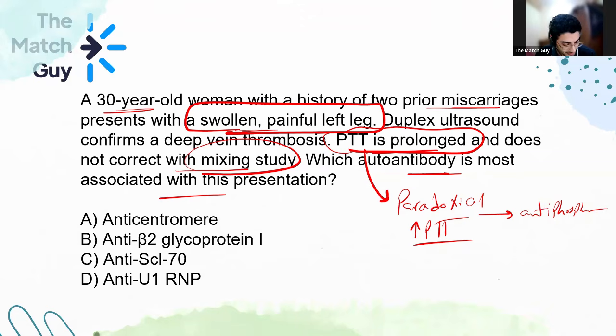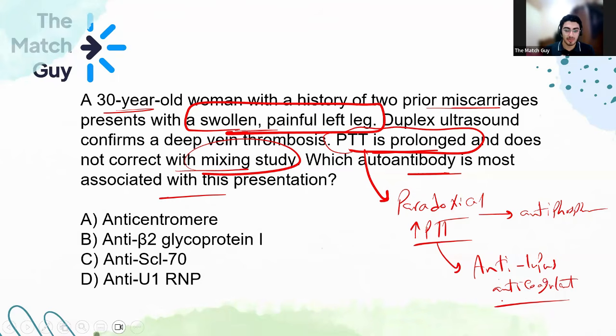Not cardiolipin, no. Amazing, Muhammad. Amazing, Kushi. Excellent, guys. Excellent, Saro. Okay, so we call it anti-lupus anticoagulant. Okay, so this is the autoantibody associated with high PTT.